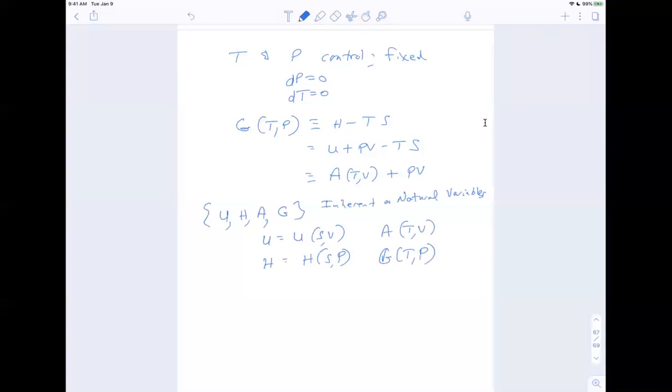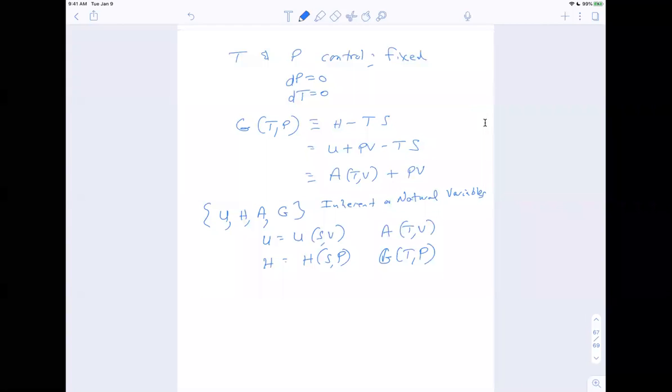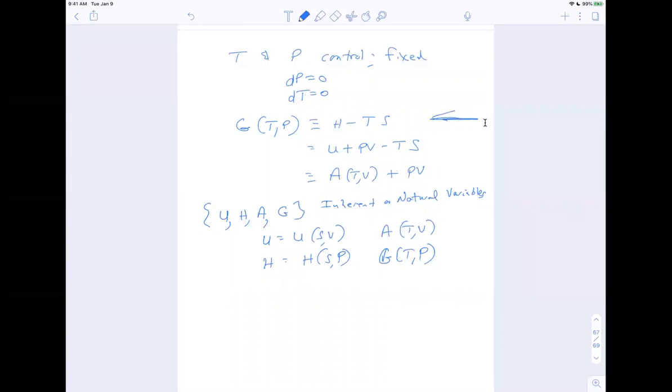Okay. And this arises because we arrived at these expressions or these definitions from the combination of the first and second laws, in the most general sense. Remember, all of these arose from the expression dU plus P surroundings dV minus T dS is less than or equal to 0.